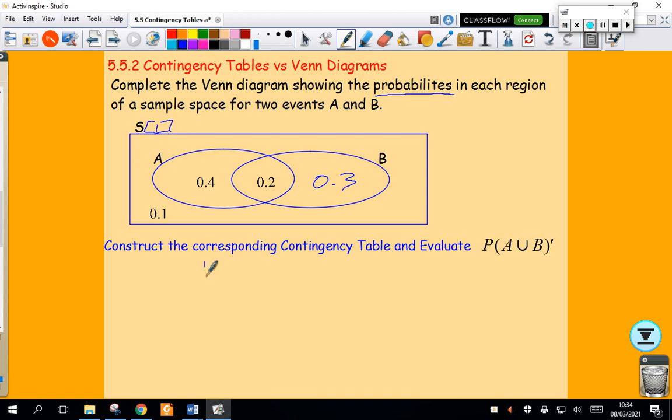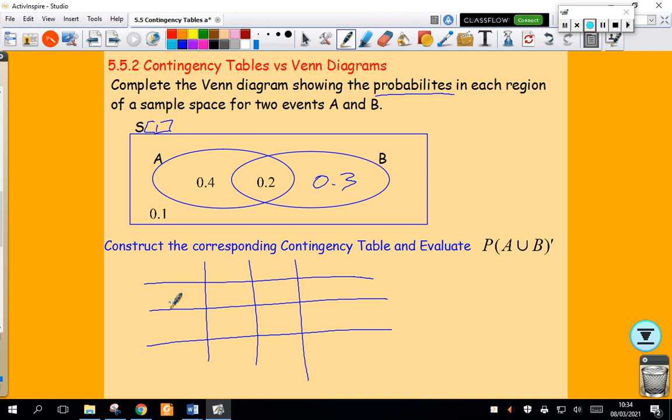To draw my contingency table, a few vertical lines, a few horizontal lines, A complement, total sum, B complement, total sum, and just fill everything in. I'm going to start by looking at the intersection, which is 0.2, and the complement of the union, which is 0.1.